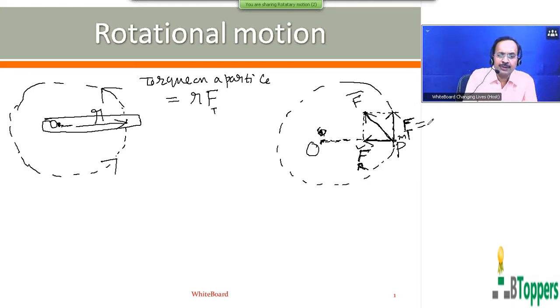Ft is the tangential component of the resultant force, which you can write as the mass of the particle into tangential acceleration. This tangential acceleration for a particle moving in a circular path in general circular motion we have written as r into alpha, where alpha is the angular acceleration and r is the radius of the circular path.